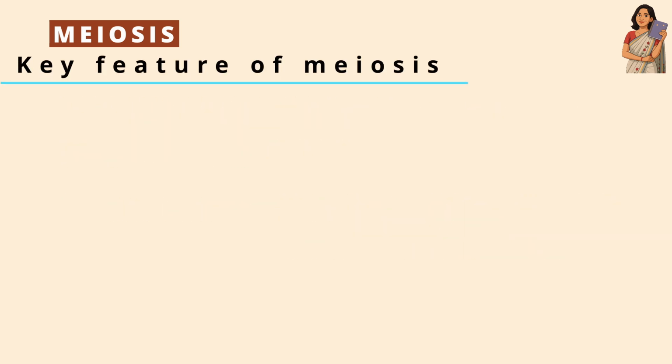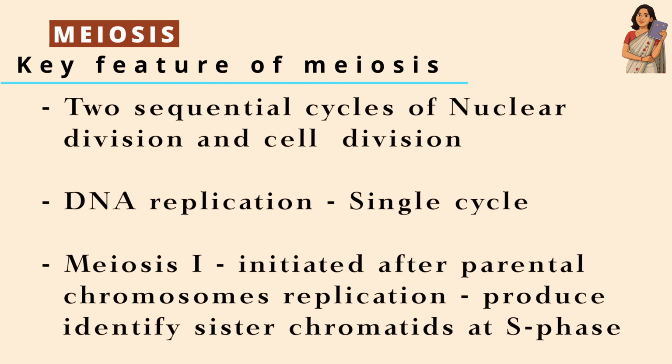Key features of meiosis. Meiosis has two sequential cycles of nuclear division and cell division, but the important part is that replication of DNA is a single cycle. Meiosis I starts after the production of identical sister chromatids for each parental chromosome at S phase.